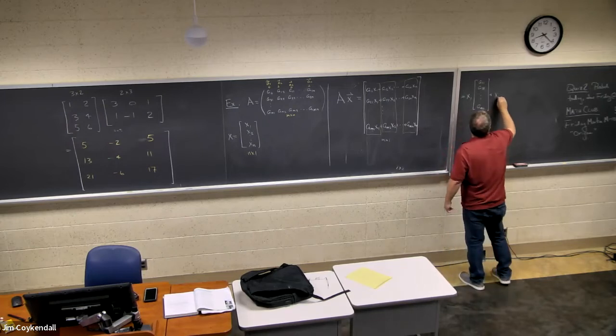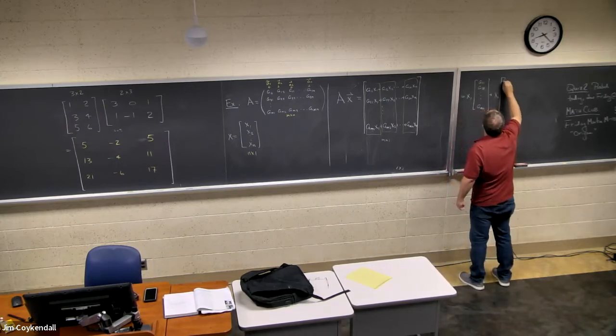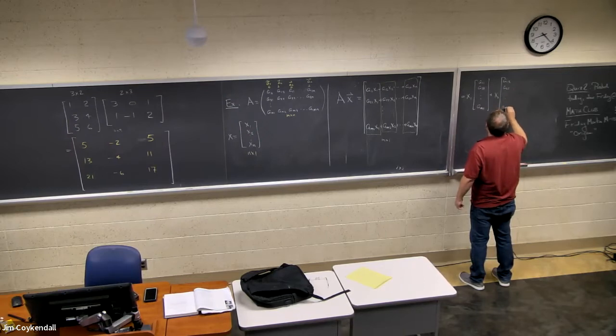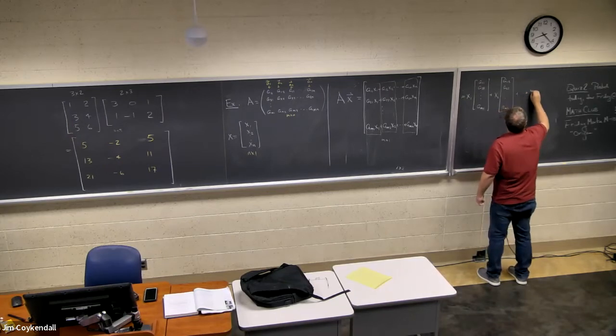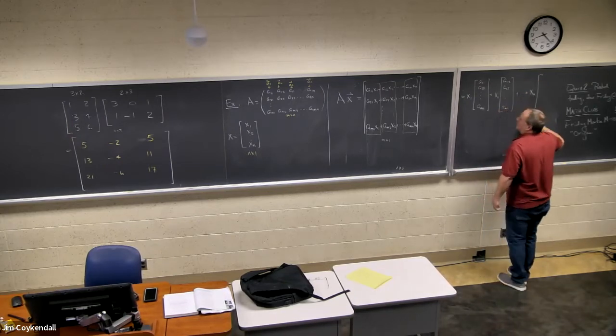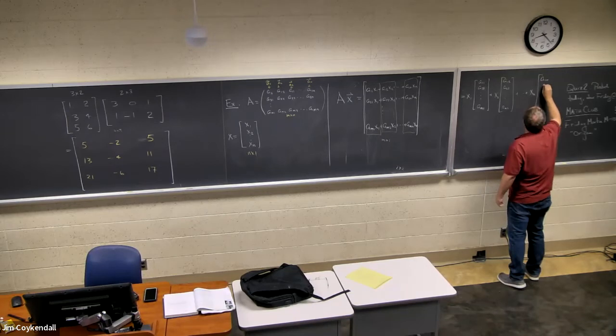And this is X2 times A12, A22, up to AM2, and so on, up to Xn times A1N, A2N, up to AMN.